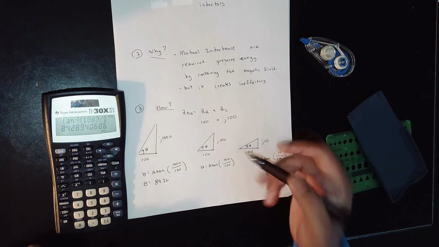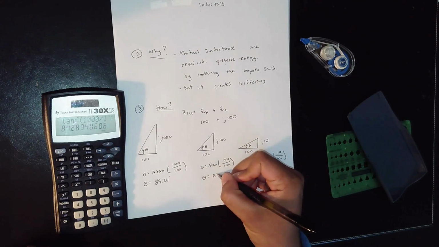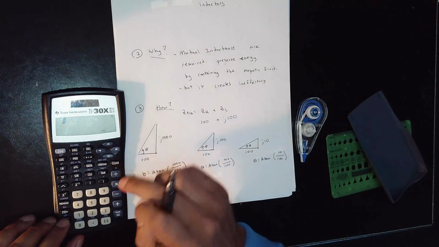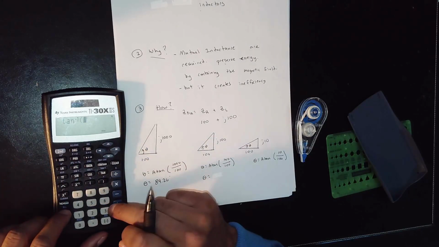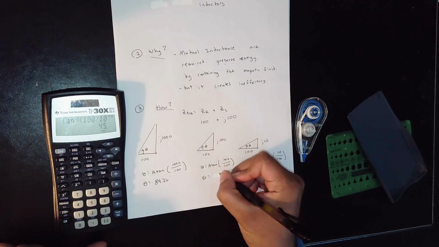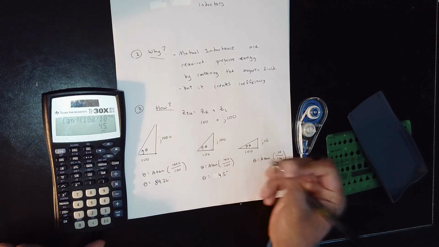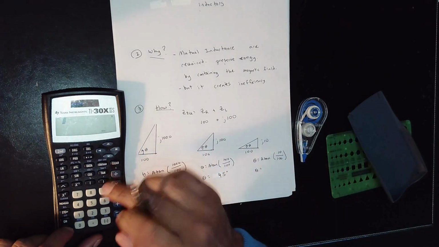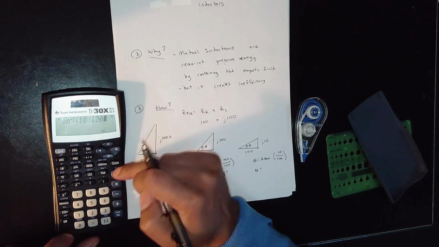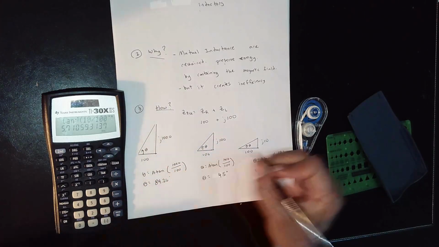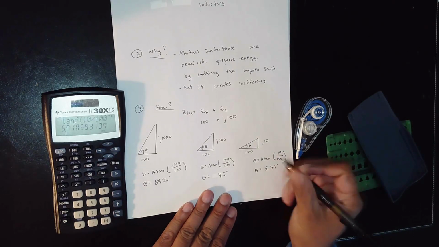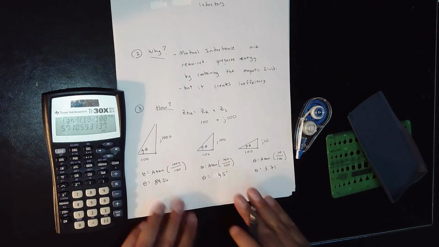Let's do this one: the arctangent of 100 divided by 100, which is 45. And the arctangent of 10 divided by 100 is 5.71. So we have 5.71 degrees, 84.26, and 45 degrees.